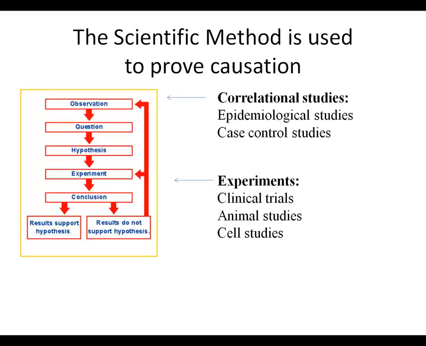And animals sometimes have different metabolisms, and things that will happen in animals won't happen in us. So clinical trials are really the best way to prove causation. And really, before you act on any nutritional information that you get, you should insist that clinical trials have been done.